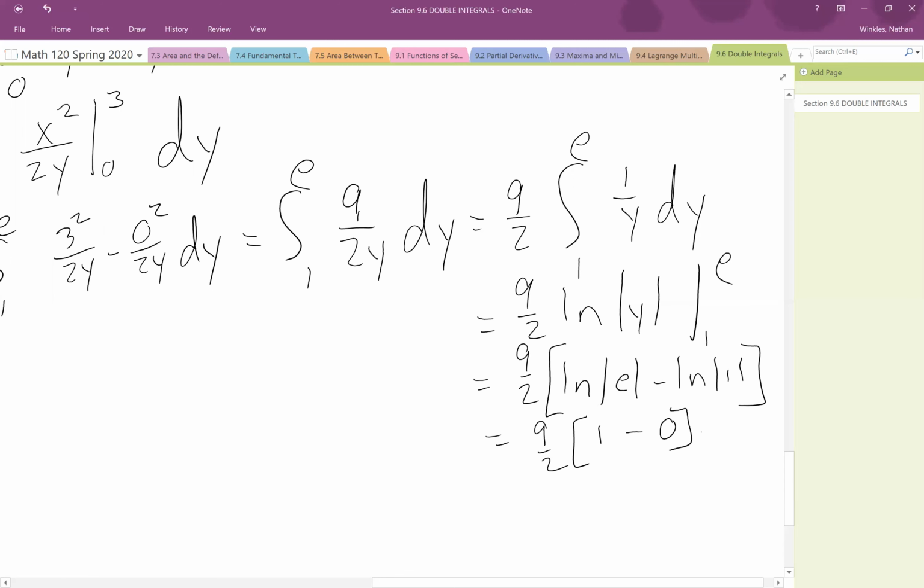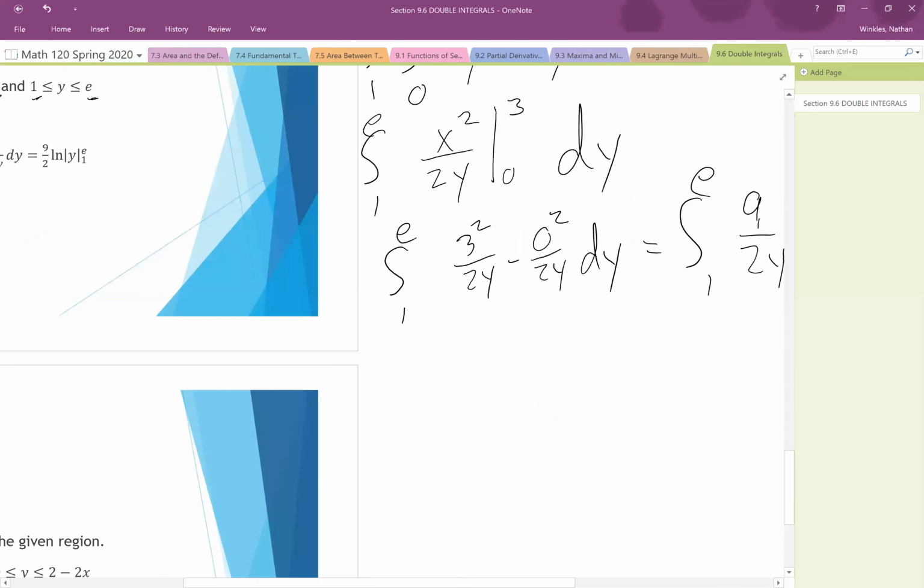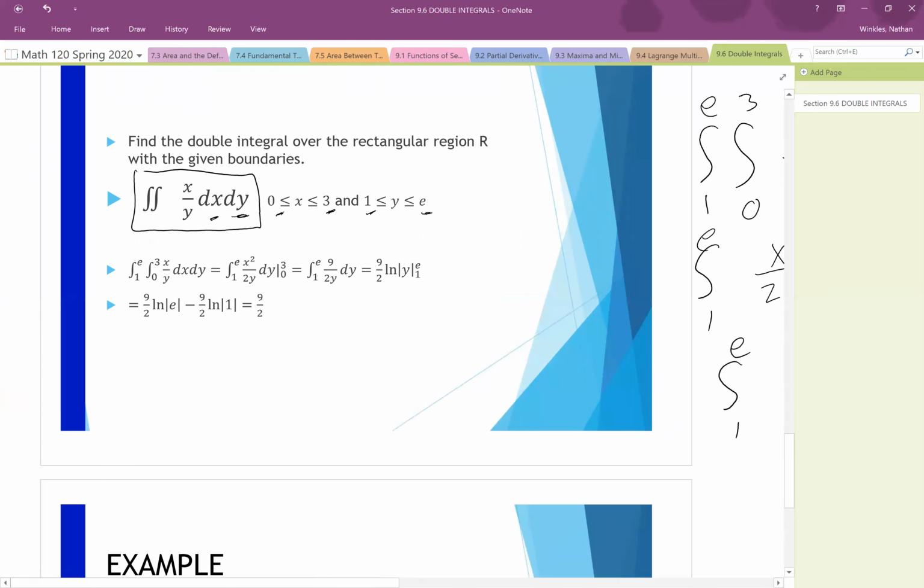So therefore, our answer here is 9/2. We can see that by coming back over here, and they do the same thing. I do the same thing over here. I just wrote out a little bit further steps and everything over there.